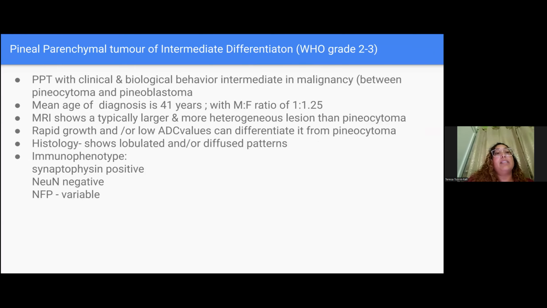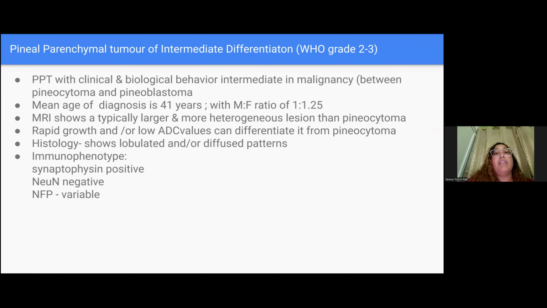The next one is the pineal parenchymal tumor of intermediate differentiation. These are pineal parenchymal tumors with clinical and biological behavior of intermediate malignancy, so that's between the pineocytoma and the pineoblastoma.